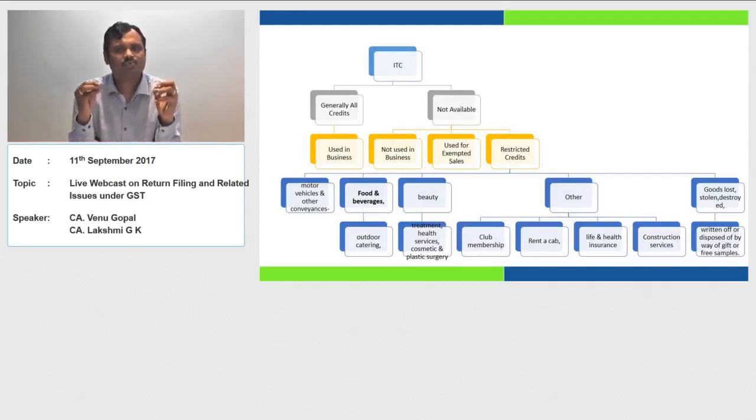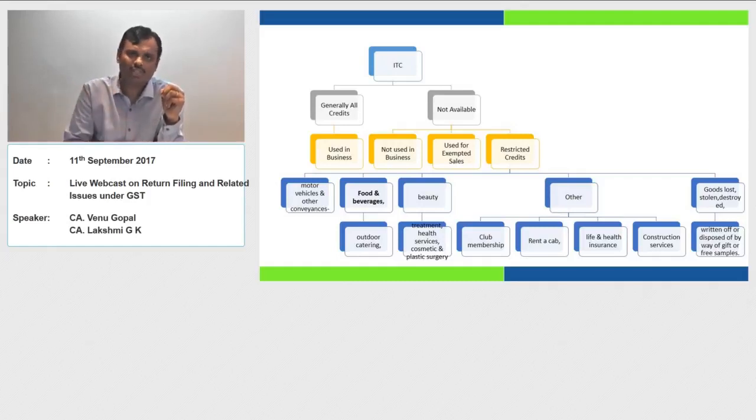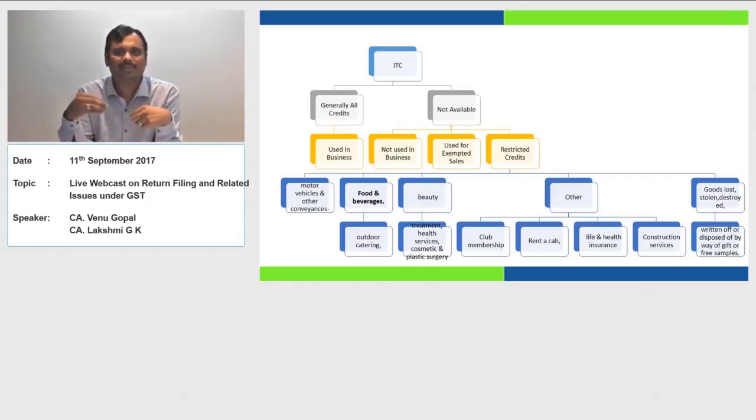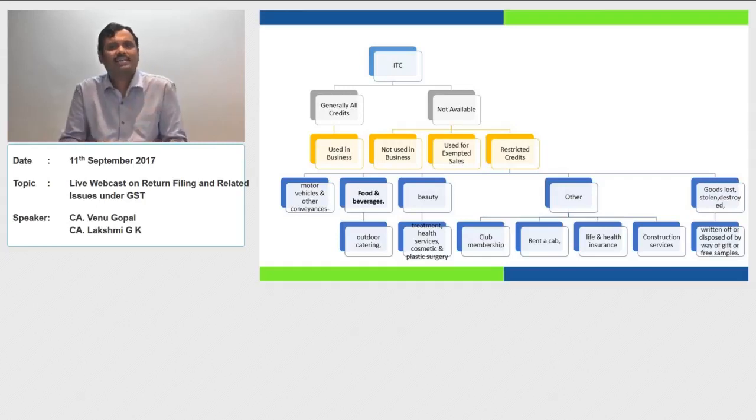Apart from this, there is one other provision which we need to know, section 17 subsection 5, which is restricted or blocked credits. The thumb rule is anything used in the business, the credits are generally available. But here is a situation where the Act has specifically blocked the credit.